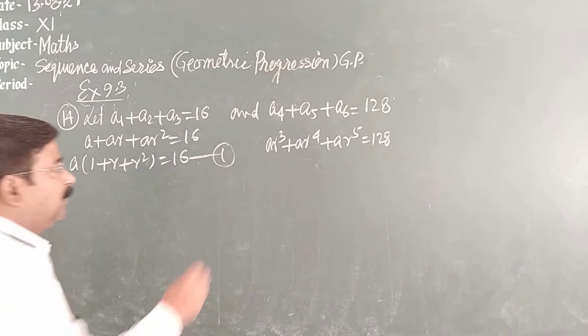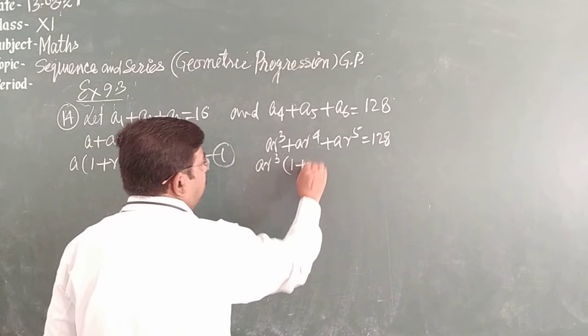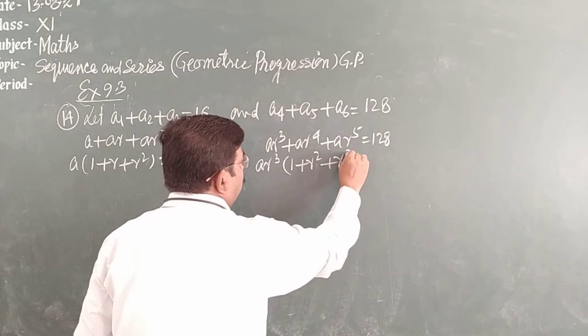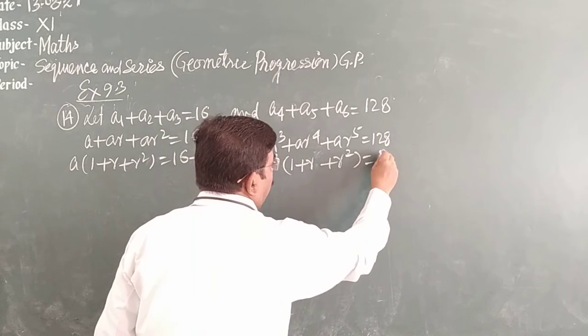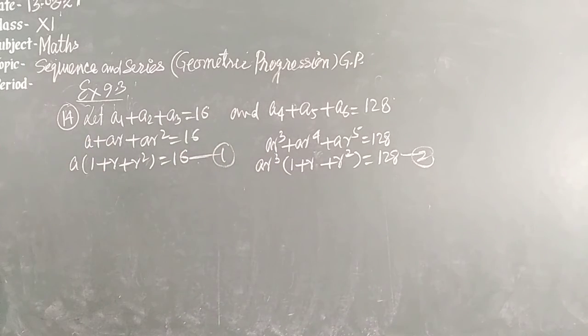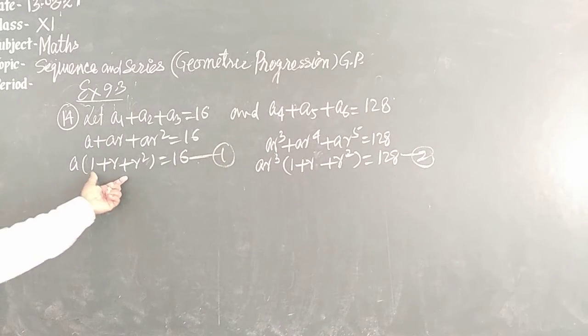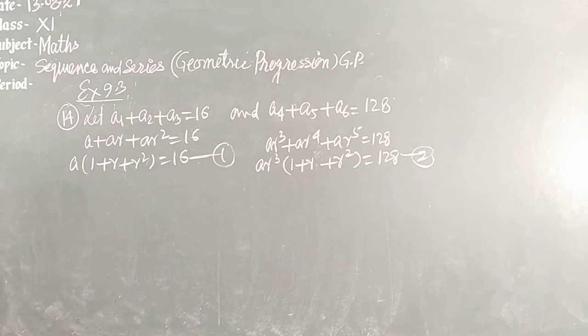Here AR cube is common. We have AR cube times 1 plus R plus R square is equal to 128. Let this be equation number 2. We have this common thing, so better divide equation number 2 by 1.